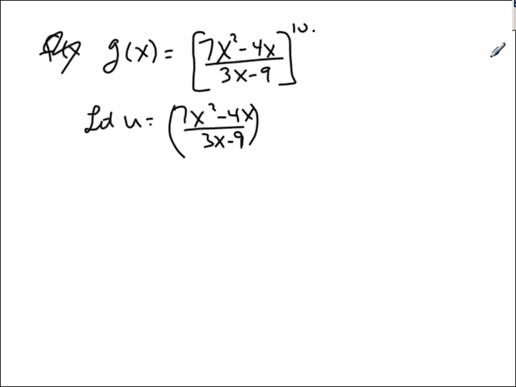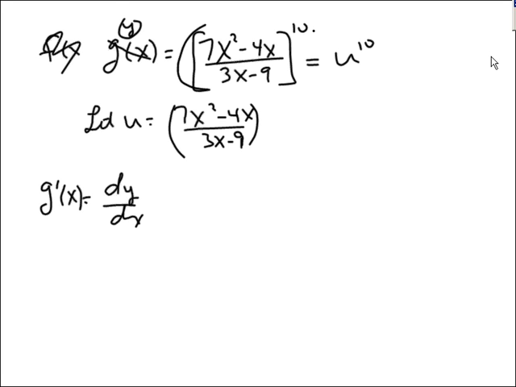So g is really u to the 10th. But remember, g is really y. So g prime of x, better known as dy dx, because here's y, and it's in terms of x, dy dx is the same as dy du times du dx.